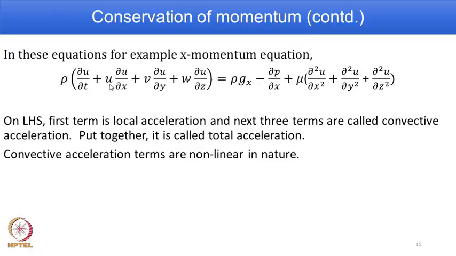So a function multiplying the derivative of the same function results in what is known as nonlinear in nature. Such nonlinear nature of this convective acceleration attracts special attention, because how to solve or how to represent u multiplying dou u by dou x in discretization is important, and we are going to focus special attention on this convective term because of its nonlinearity.